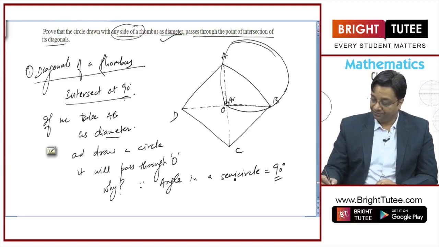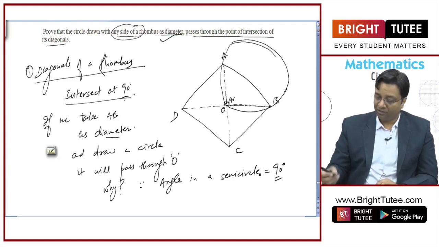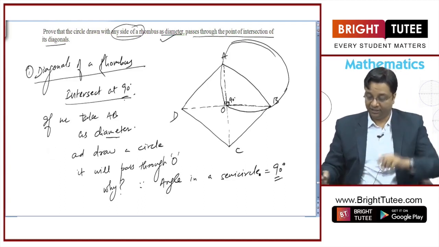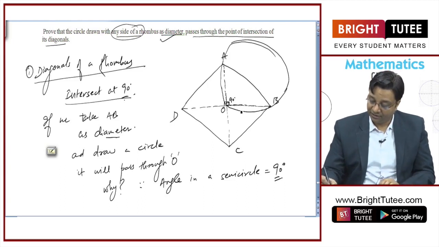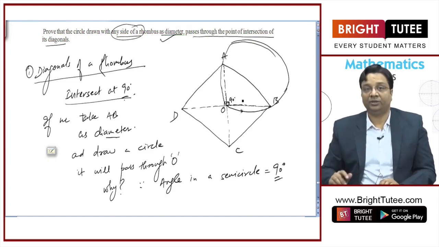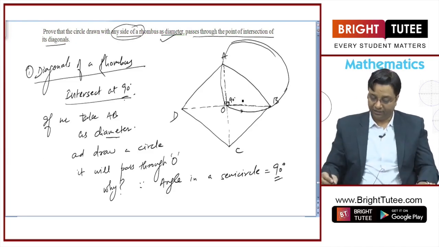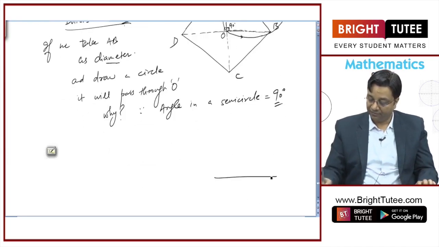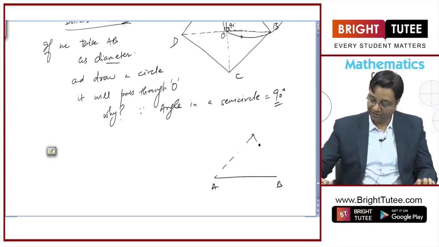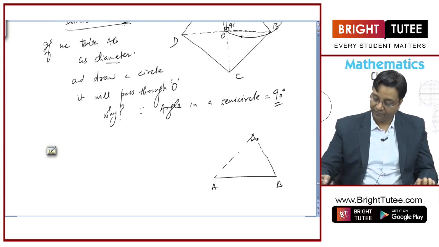right? And all the points that satisfy this condition, let us say this is the point, this is some other point. If you join A and B with this point, that angle will also be 90 degrees. So all the points at which, let us say I have got this diameter AB and I have got this point for which this angle is 90 degrees, right?